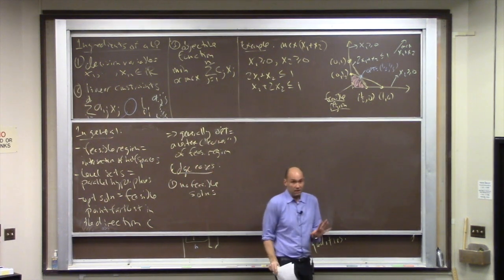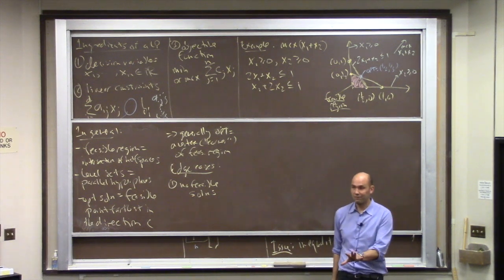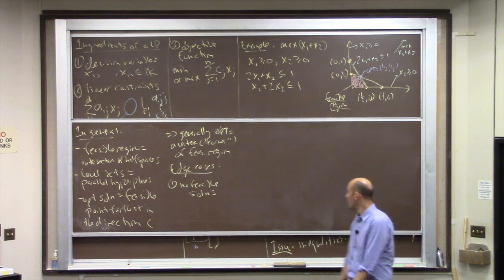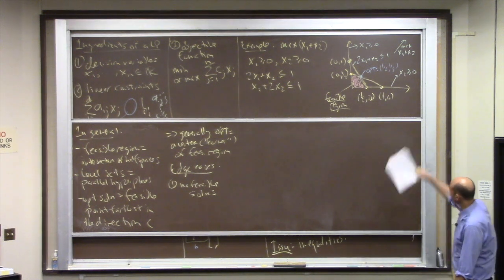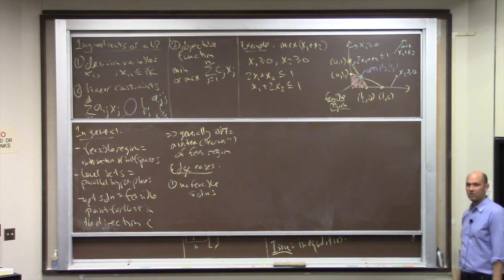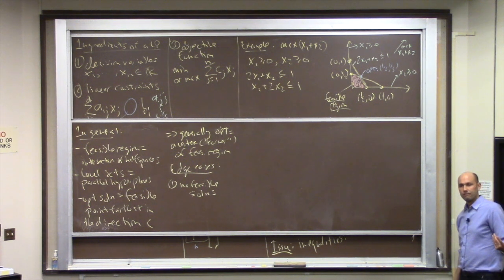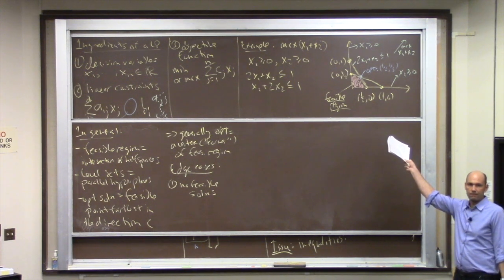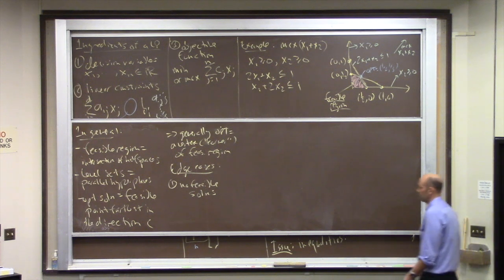If you feed an LP algorithm something that's infeasible, you want it to correctly tell you it's infeasible. That's the goal for the algorithm. Like in this example, if I added an extra constraint saying that x1 plus x2 has to be at least 1, then there'd be no feasible solutions, because the maximum value of x1 plus x2 we computed as 2/3. That would be an example of an infeasible linear program.